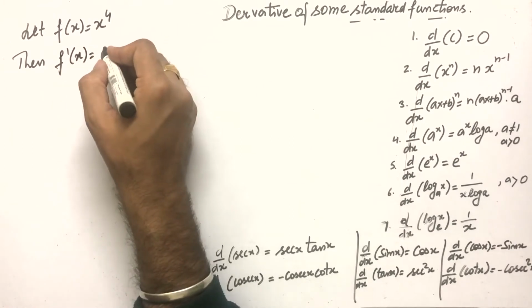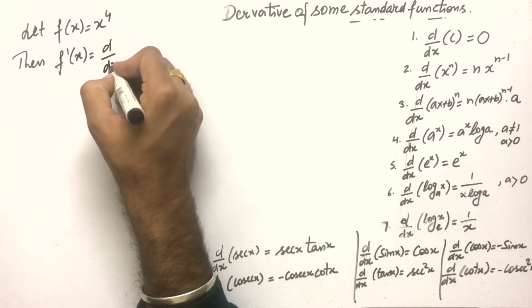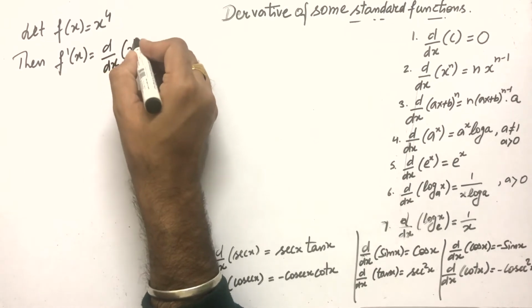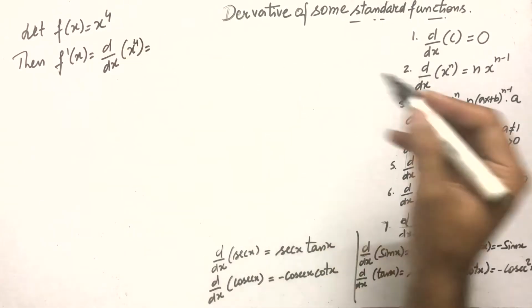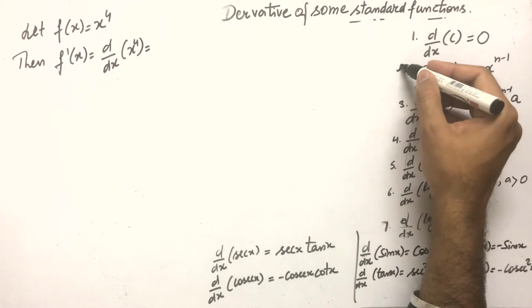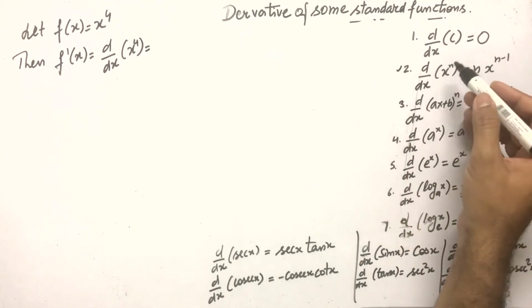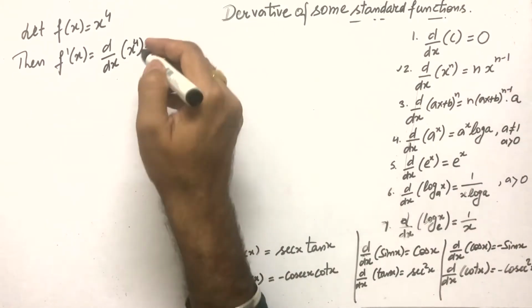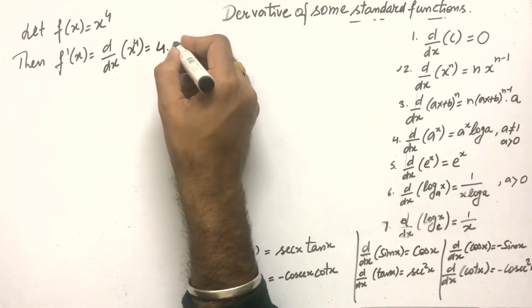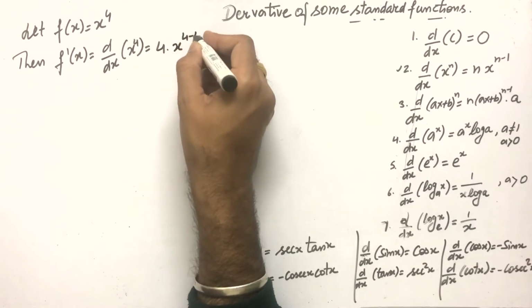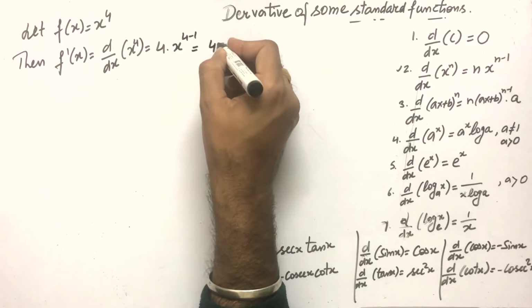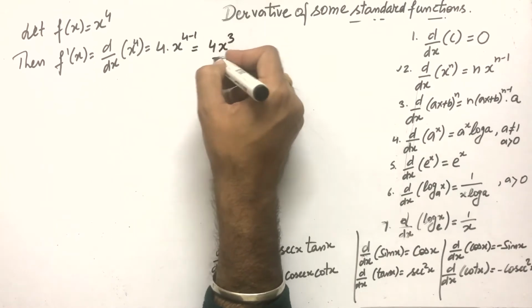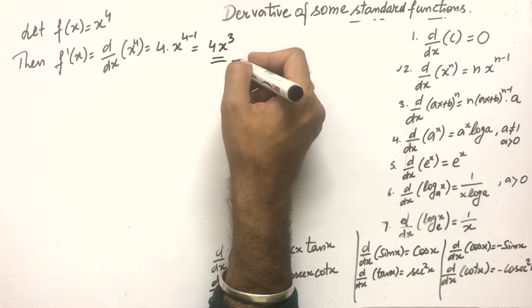That is dy by dx of x power 4. So we compare this with the second formula, and you see what is the value of n here? 4. So it is 4 into x power 4 minus 1, that is 4x cube. So which is the answer here.